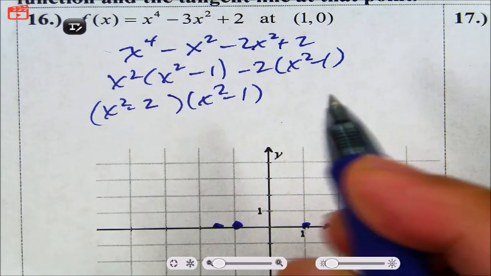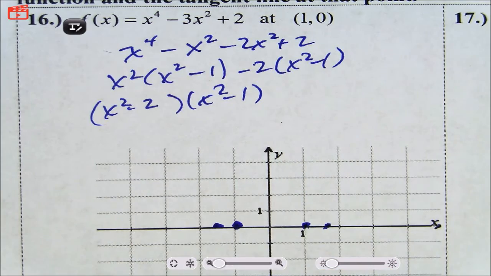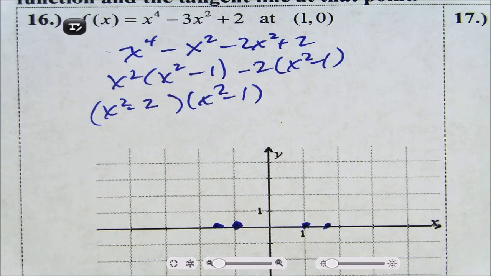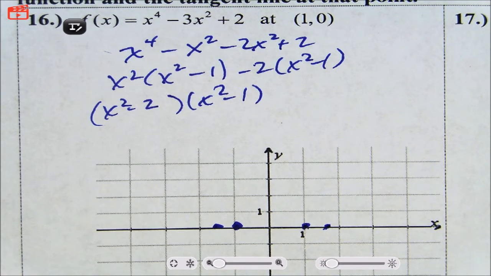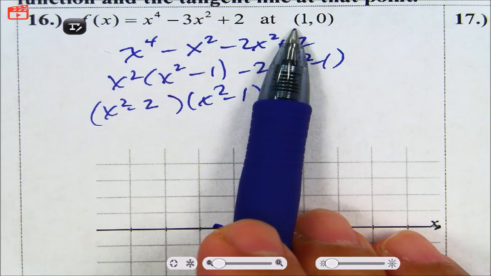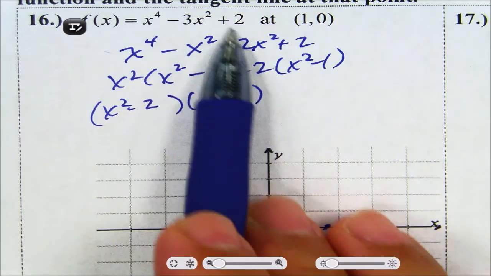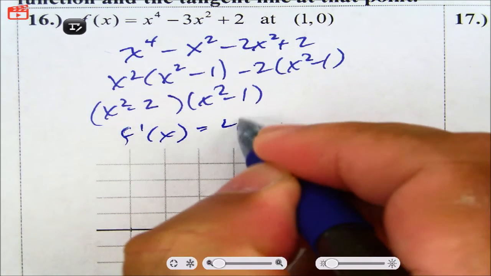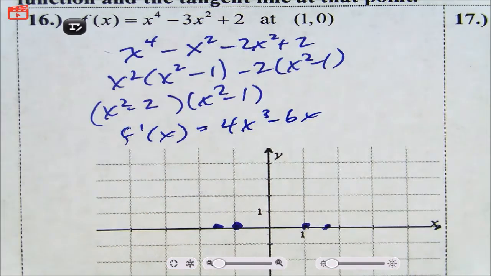Okay. So this is a sketch, and let's draw the tangent line first, because then I can match the sketch to the tangent line. All right. So take the derivative, going back to the original. So f prime of x equals 4x cubed minus 6x.